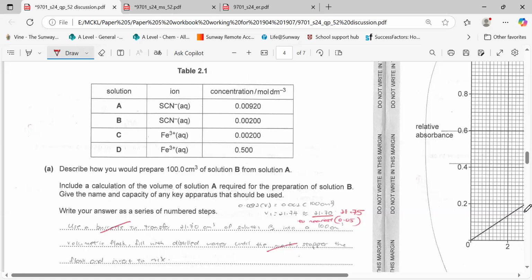in the lab, you can't measure 21.74. You either go by 70 or 75 because your apparatus cannot read that precisely. So you please choose. So what I did was I went down to 0.